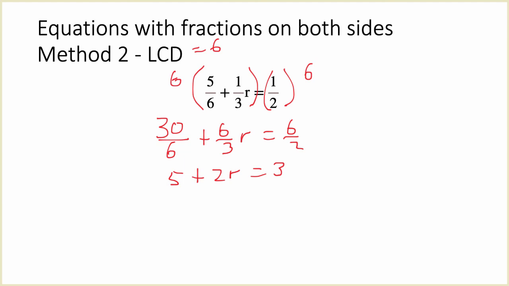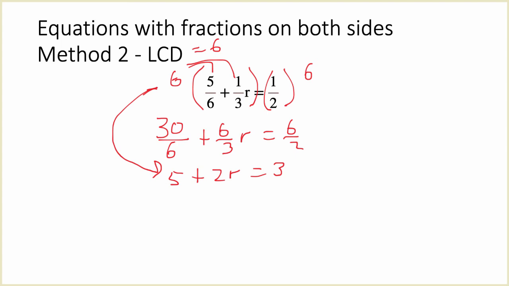So if you understand how this works, you can go right from this step right to here. I do not need to see the middle step if you know what you're doing. Otherwise, write it all out, distribute the 6 in, and then simplify your fractions. But if you can go right to the 5 plus 2r equals 3, I am perfectly fine with that. Just show us how you're multiplying both sides by 6.